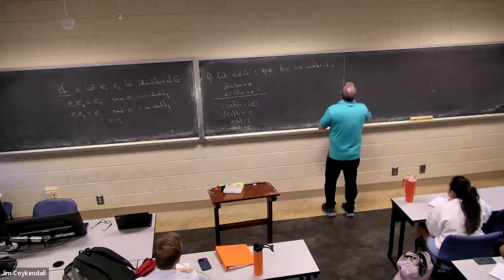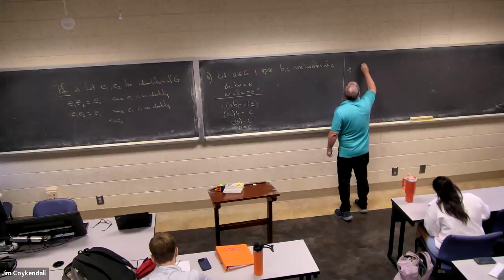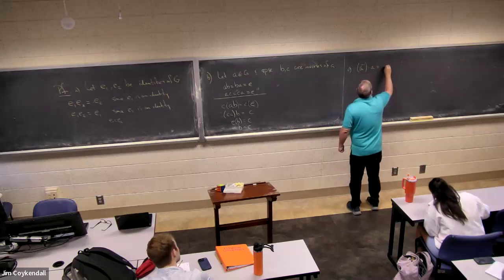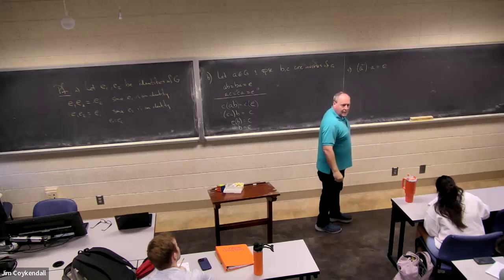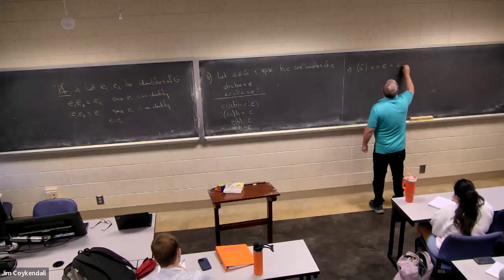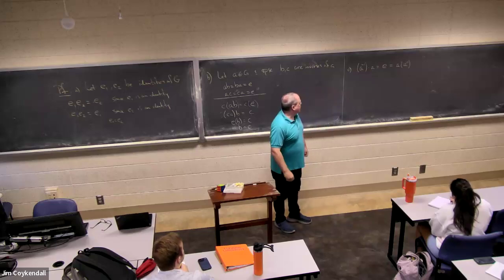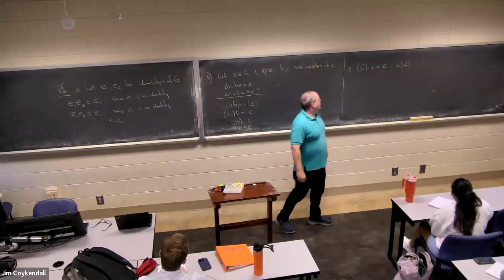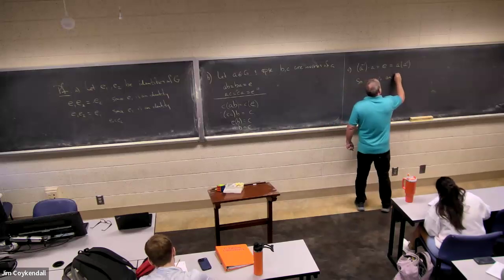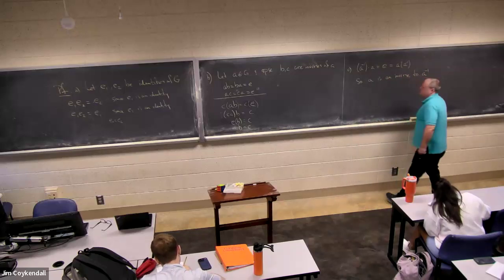Okay, number C. And again, it doesn't matter what order because they're inverses. So A is an inverse to A inverse.